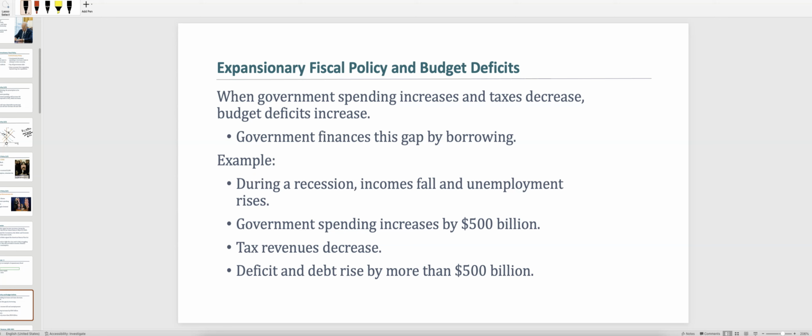And what we're seeing here as well is that as the government is spending this money, it's increasing the amount of the deficit. And as these deficits are increasing, we saw in the previous chapter, the deficit's increasing, the debt is increasing, and we obviously have to pay those kinds of bills eventually.